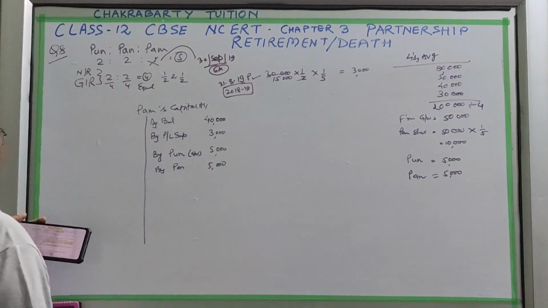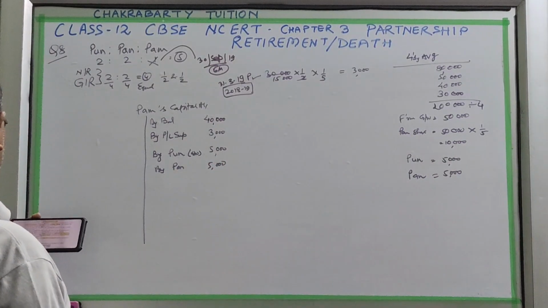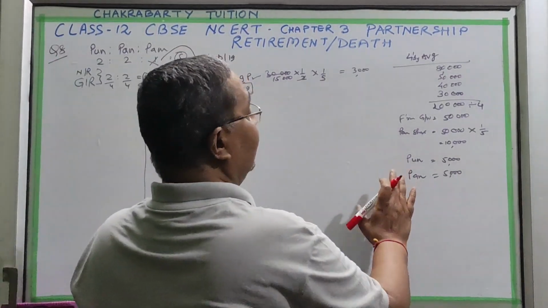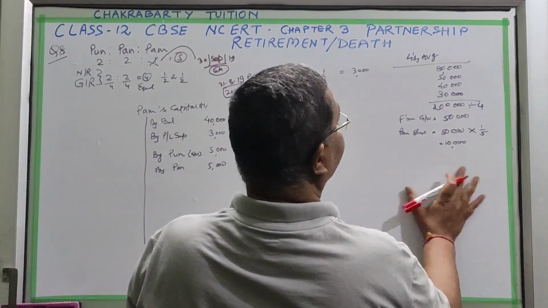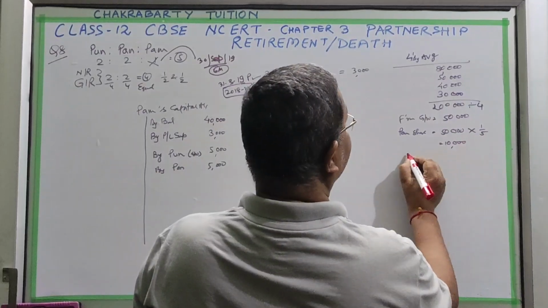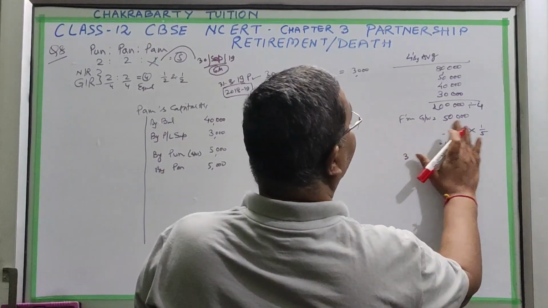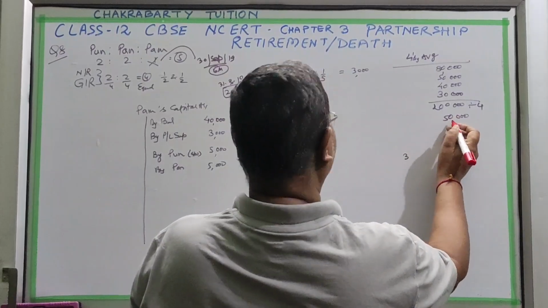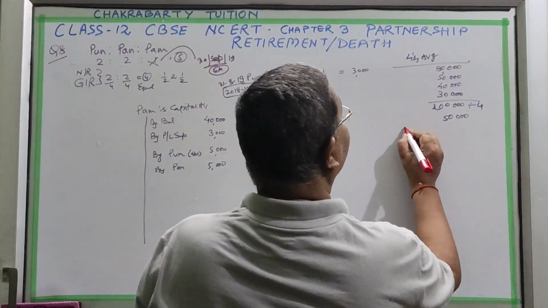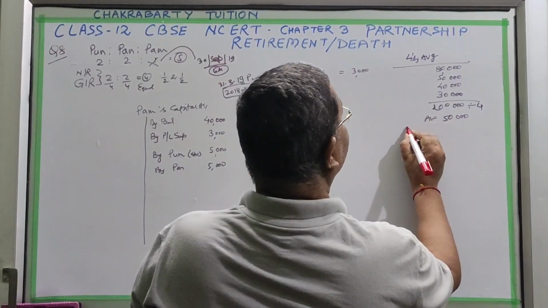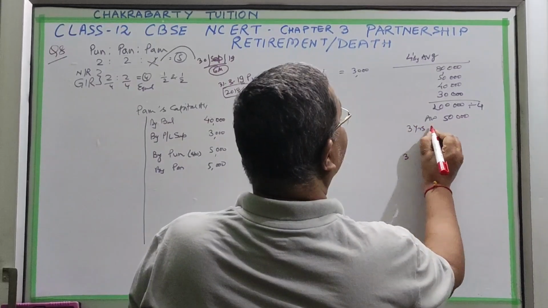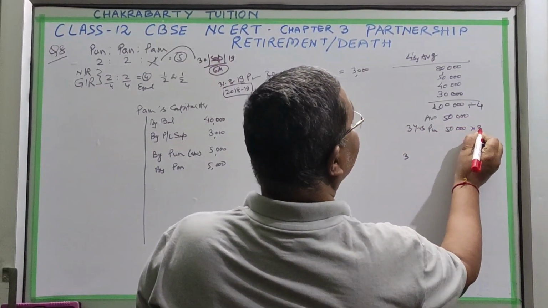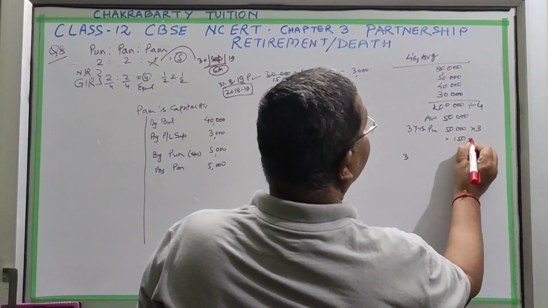Sorry, 3 years purchase we have not made. 1/5 comes and then 3 years. This is the average, 50,000. Now 3 years purchase: 50,000 into 3 means 1,50,000.